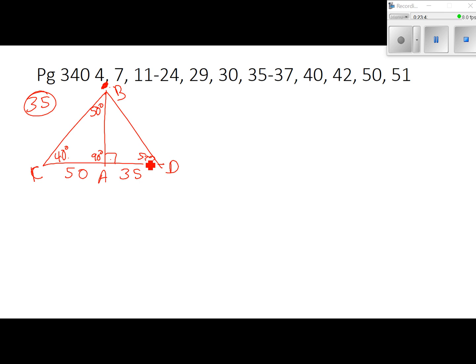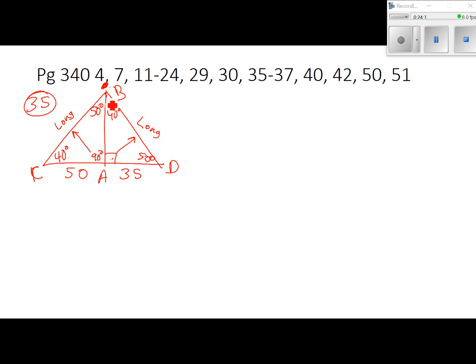And if this is 50 and this is 90, then this up here has to be 40 degrees. And we can look at this and decide that in this picture, these two sides in each triangle have to be the longest. That's the longest in the triangle on the left, and that's the longest in the triangle on the right.